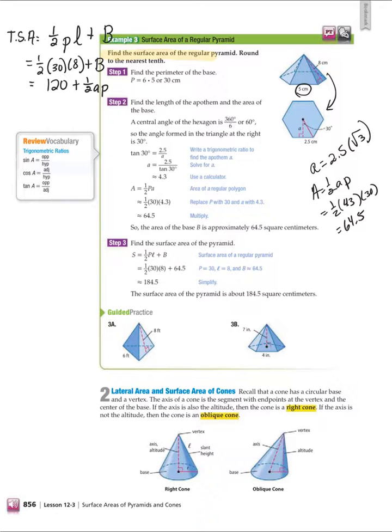Okay, so for my base, using 1/2 AP, I get 64.5. Therefore, when I put those two together, that's going to give me a total surface area of 184.5 square centimeters. Alrighty? Are you good with that? Okay, why don't you pause now and see if you can do 3B by yourself. Let's just take a pause and do 3B.